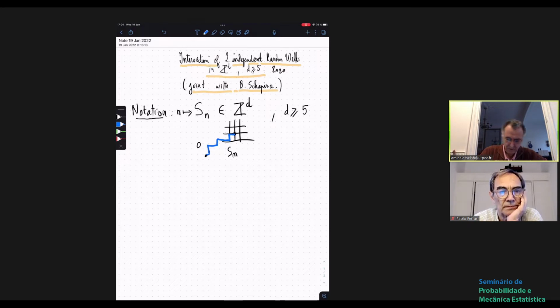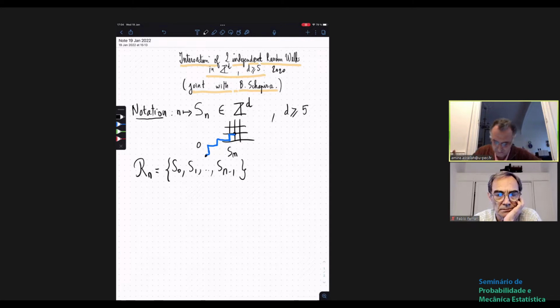And you have something called the range, which is also a very well studied process. This is the set of sites visited up to time n. And I'm going to stop it, let's say, at n minus 1, just to have n sites. I might use a language of polymer.